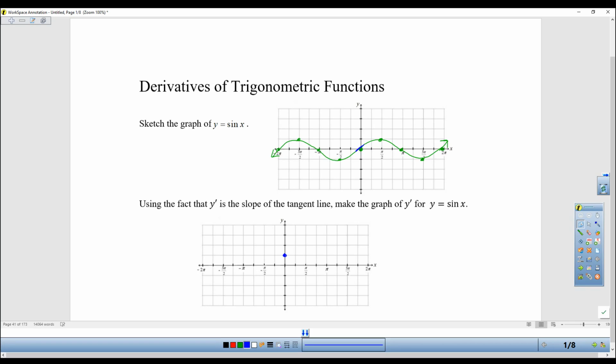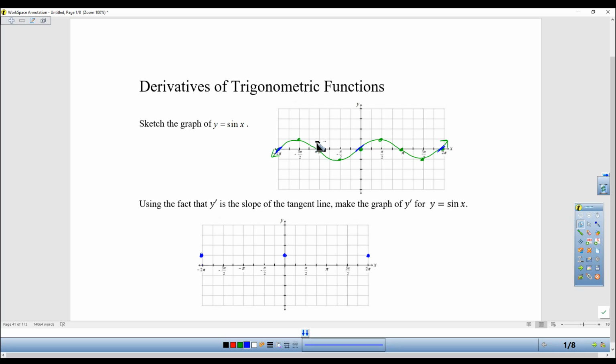And if I say that, then just to be consistent, I would have to say it has a slope of 1 at 2 pi and at -2 pi. Now, if I'd said 2, that would be fine, but I just need to give it a number.